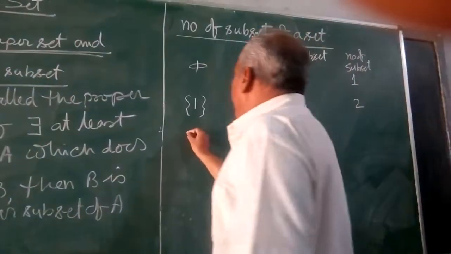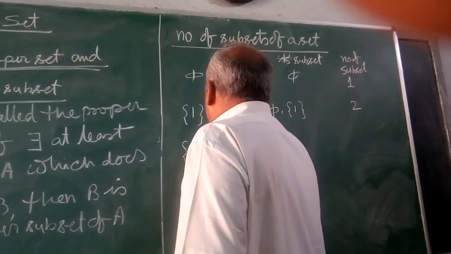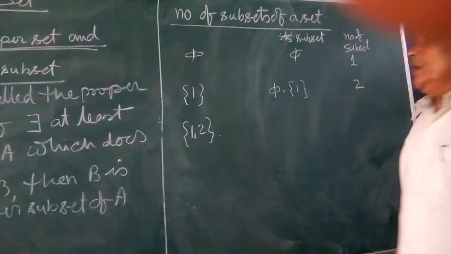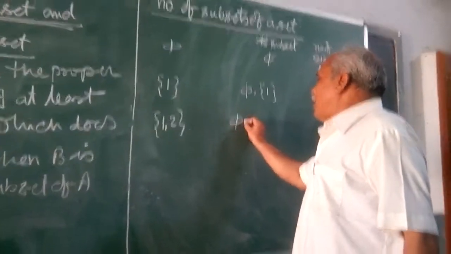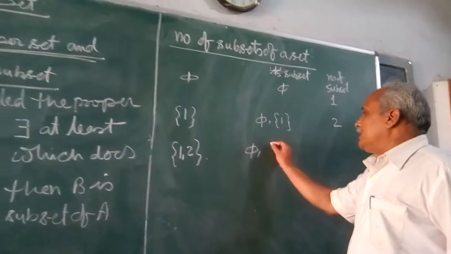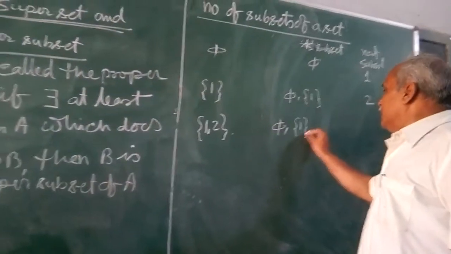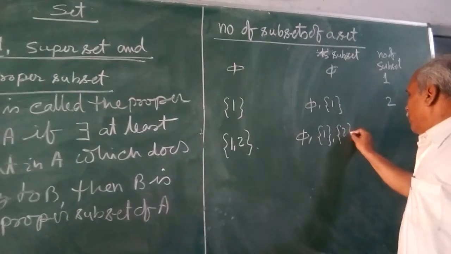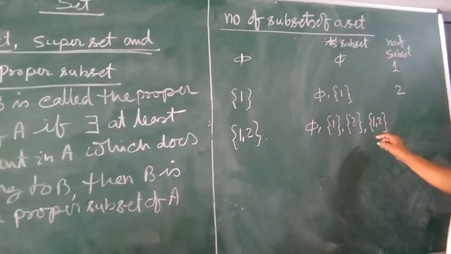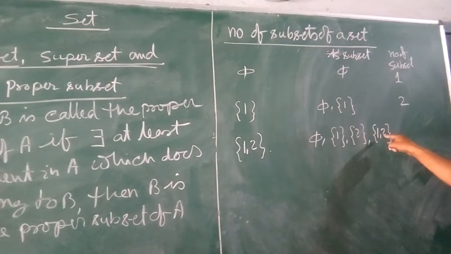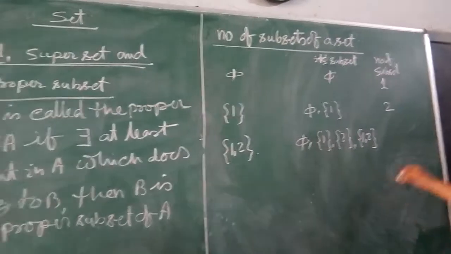Okay, if we take a pair set, now we try to make its subsets. First phi, the subsets containing one element, and the subset containing both elements. Therefore, in number how many subsets are here? 1, 2, 3, 4.